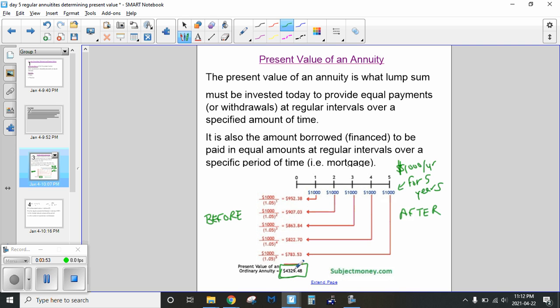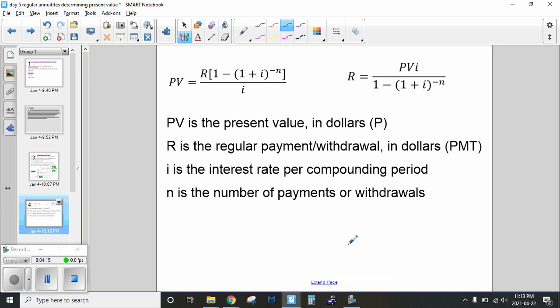So we put this money in the bank now, and then every year for the next 5 years, I know there's going to be $1,000 available to me to withdraw. Okay, so it looks like $600 or $700 extra in interest if we compare that to the $5,000 that we're going to be withdrawing. Okay, so that's the idea behind this type of question.